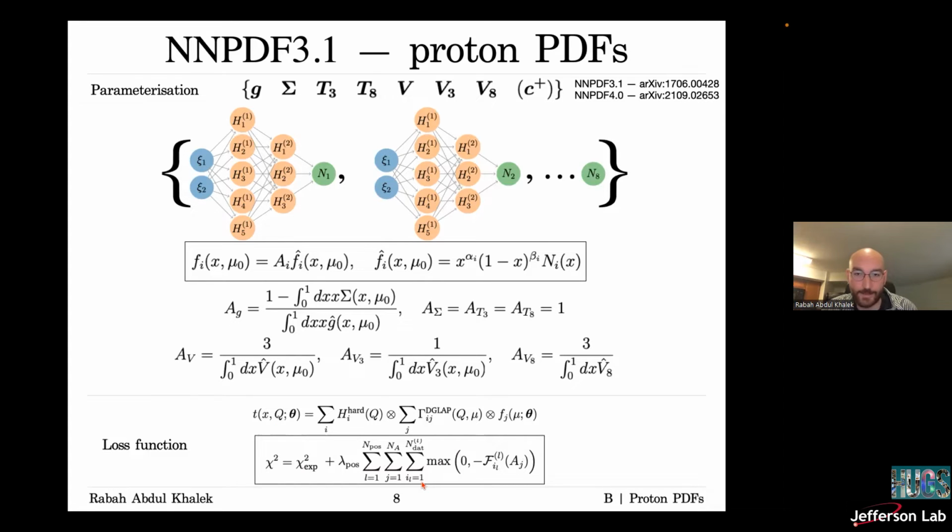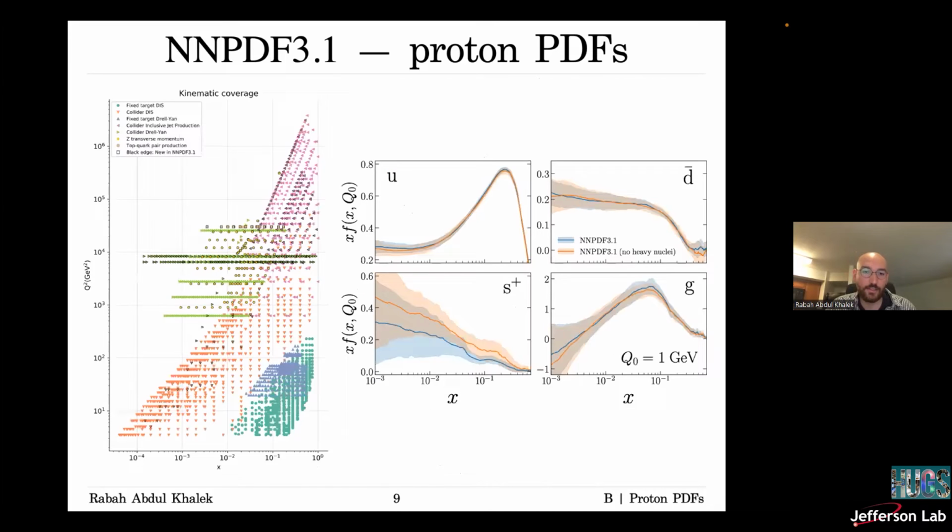And that's it. What you get, by fitting all this data from CERN, from JLab, from all over the place, are these probability distributions of the u in the proton, the d bar in the proton, the strange and anti-strange, and the gluon. You can see that for a certain energy, you can compute how much of the proton's momentum strange or u carries.